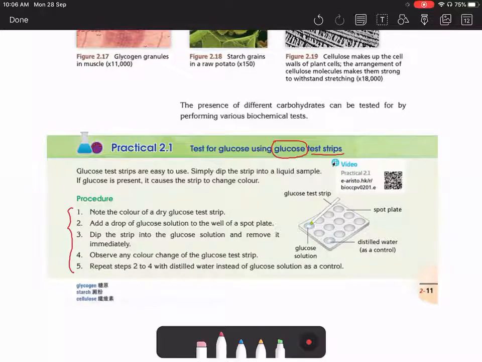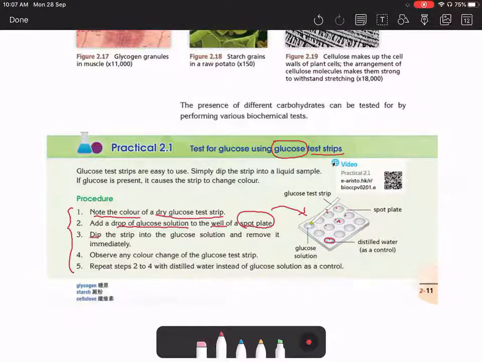Okay, should have finished, okay? Now let's have a quick look together. Look at the color of dry glucose test strips, and later I'll show you. Then add a drop of glucose solution to the well of a spot plate. What is a spot plate? It's this one. And a well is some part that is curved inwards for you to hold some liquid, okay?